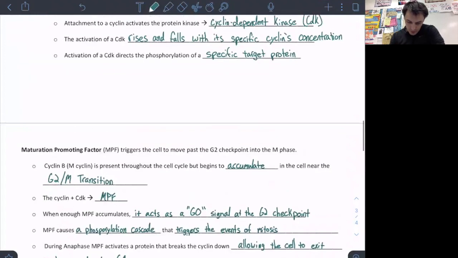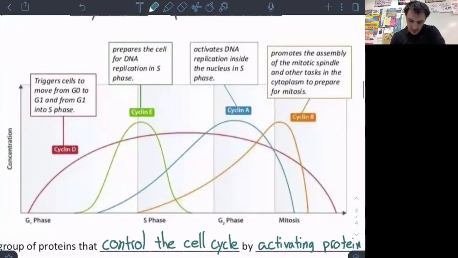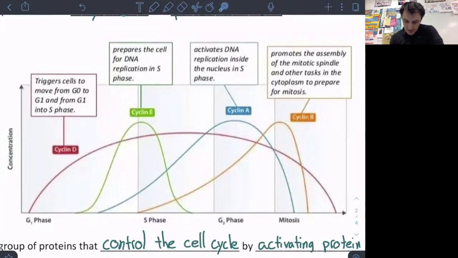All right, so let's scroll back up to our image and take a look at what we're seeing. Remember that cyclin B is this M cyclin we've been talking about. We can see low levels early on, but as the cell cycle proceeds, we see more and more cyclin B accumulate, this MPF.